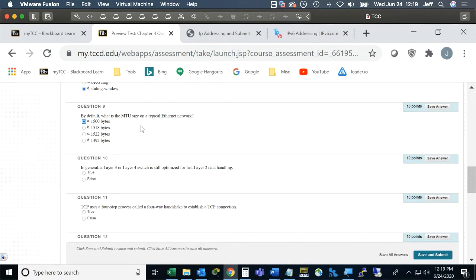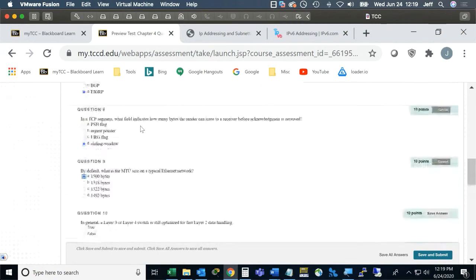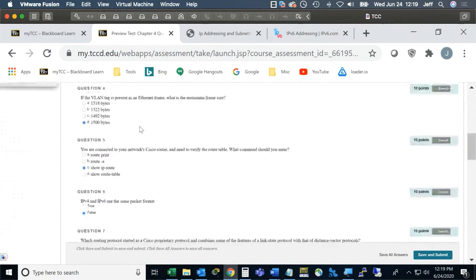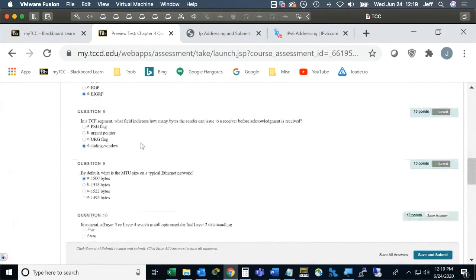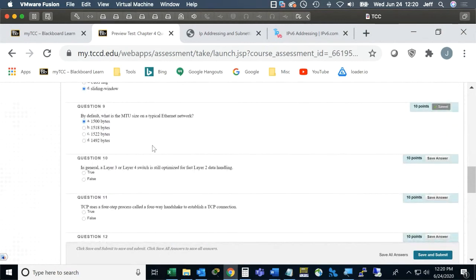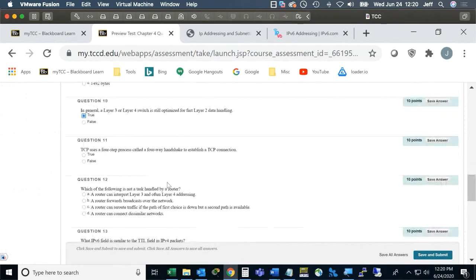Actually, I'm thinking this is 1500, and I want to say that this is 1522 because we're adding the VLAN tag. We'll find out. But in general, a layer 3 or layer 4 switch is still optimized for fast layer 2 data handling. Yes, that is true. It just does extra routing detail.